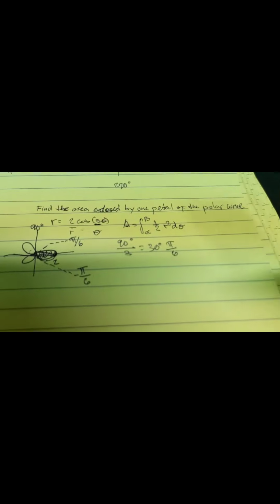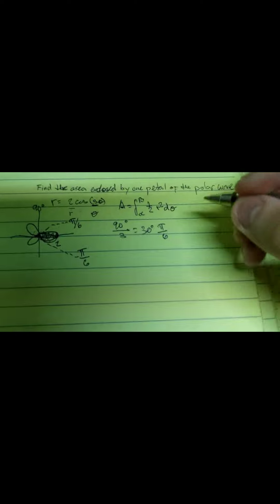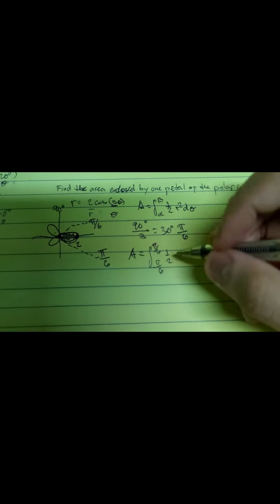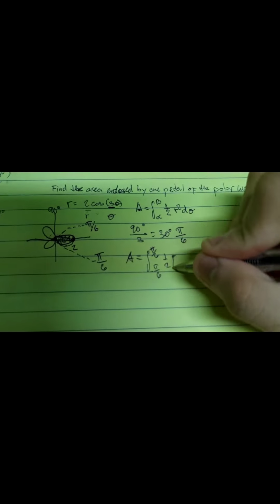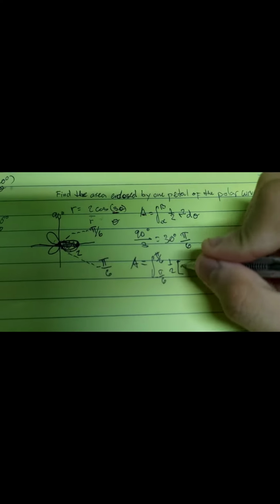Now that we have both angles, we can substitute our r into the area formula. A equals the integral from negative pi over 6 to positive pi over 6 of 1/2 times 2 cosine 3 theta d theta.